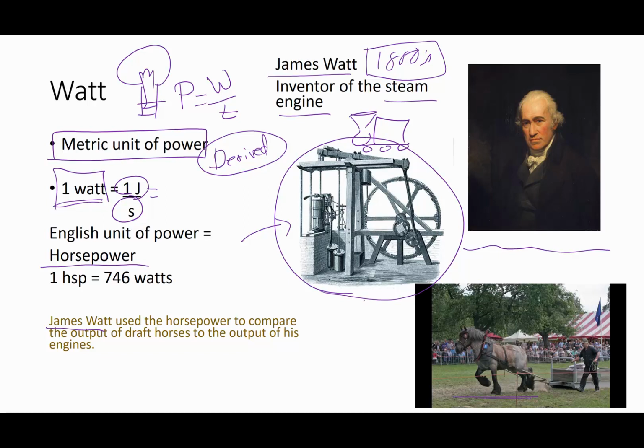If you had a 2 horsepower engine, it could replace 2 of your draft horses, etc. It worked, and engines took over an awful lot of the animal and human labor. But today we have defined the horsepower as 746 watts, and that is the English unit of power.